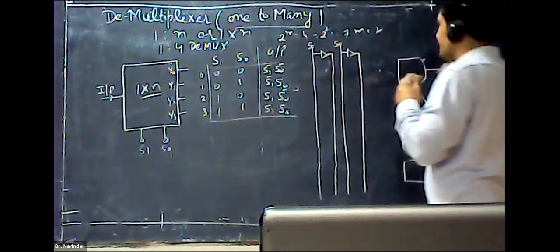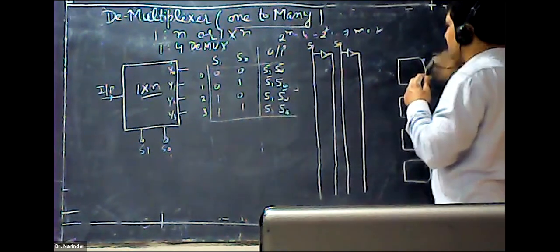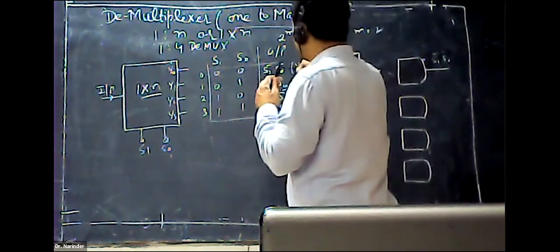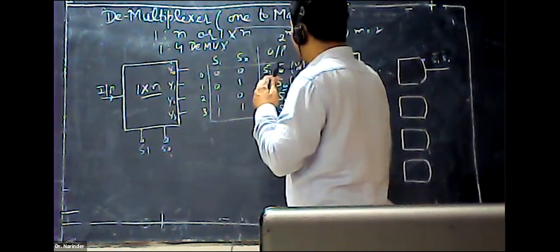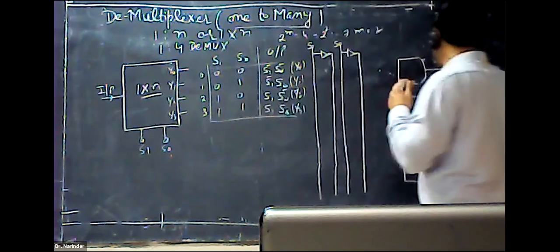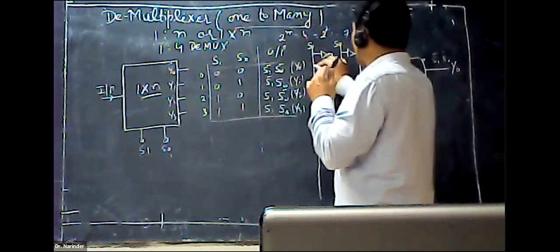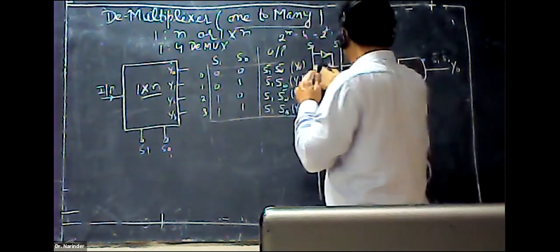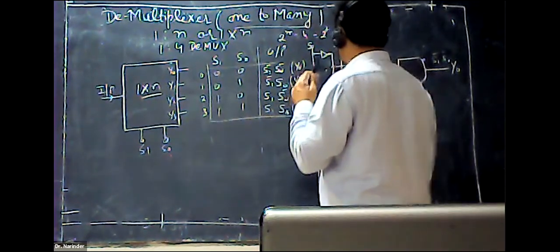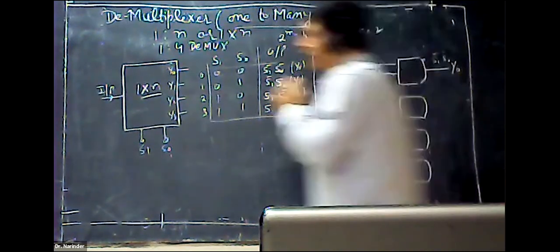First one is S1 bar, S0 bar. That is for your Y0. This is for your Y1. This is for your Y2. This is for your Y3. So directly you can write here Y0. Y0 is S1 bar, S0 bar.